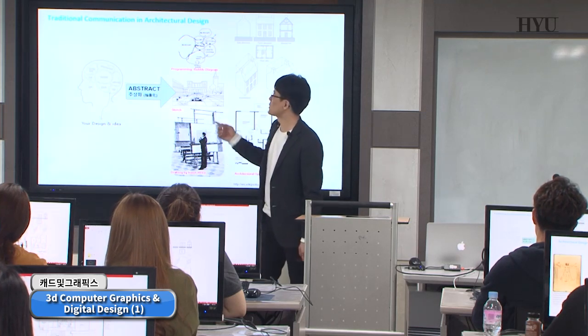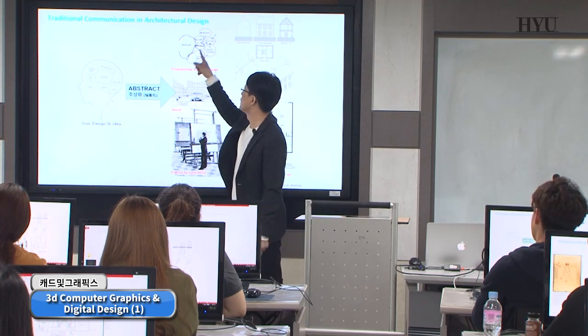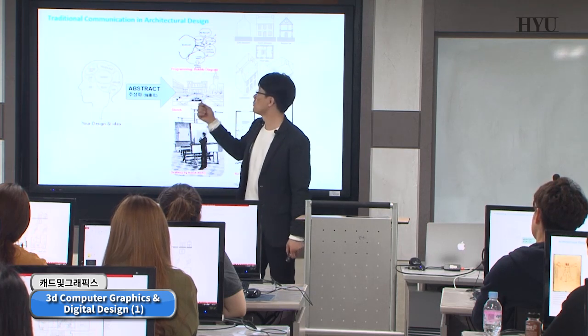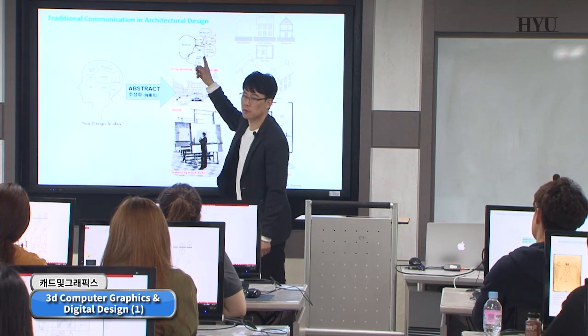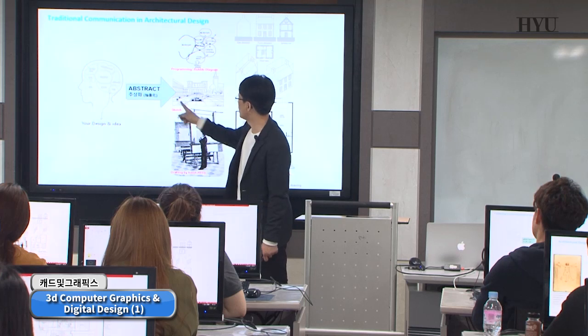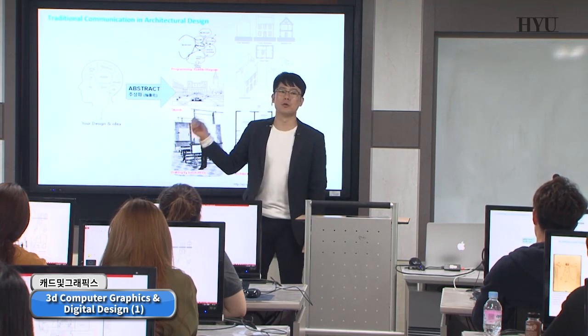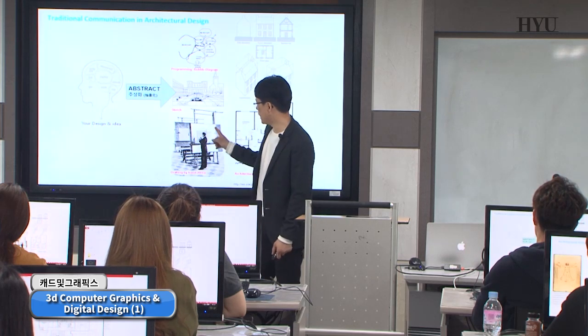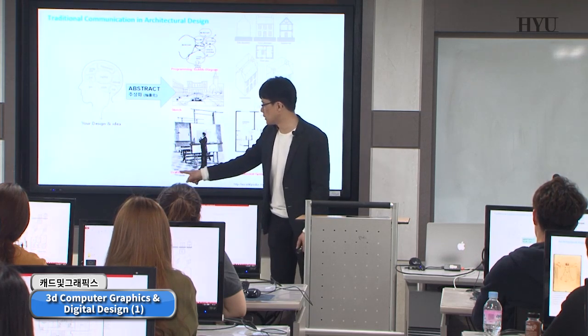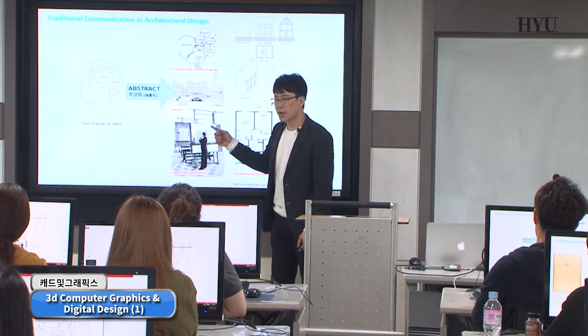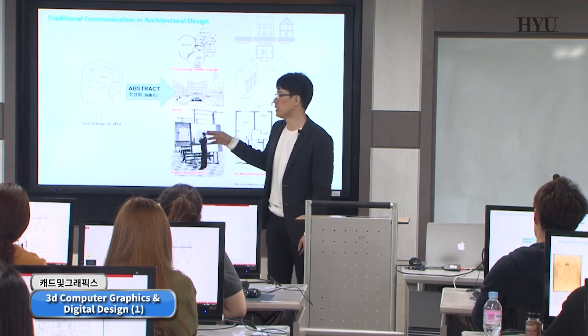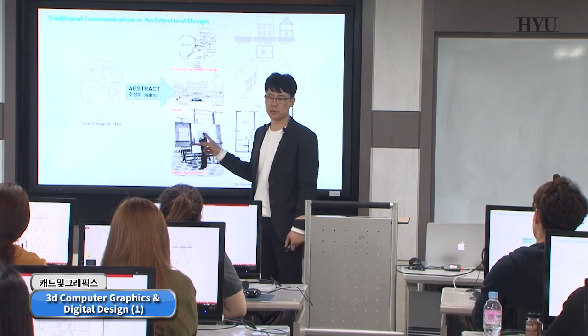What is that thing? Sometimes this kind of roughly hand-drawn diagrams, or sometimes this kind of 3D sketch, 3D drawing, painting. Sometimes take a look, this kind of drafting, okay? Carefully, thoroughly drawn drafting, okay?